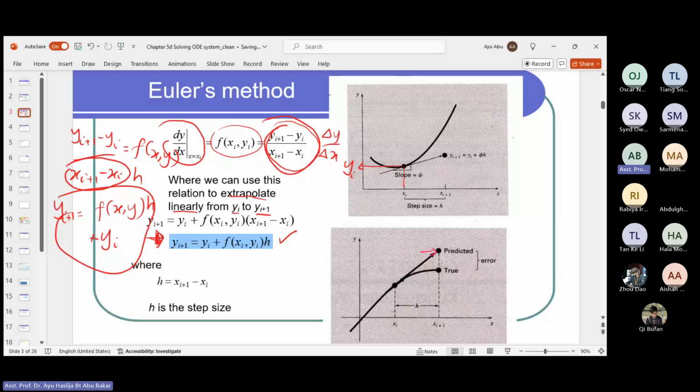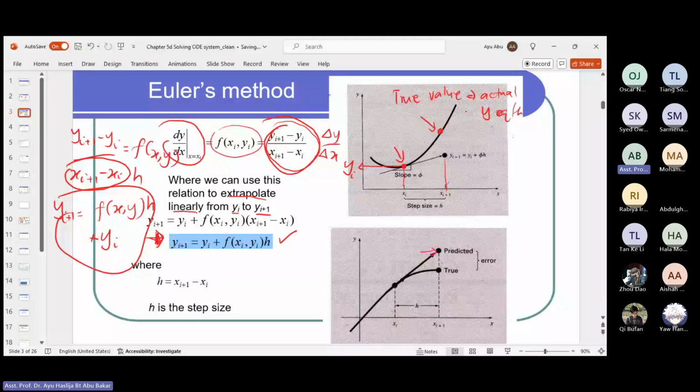For example, here we have the slope. Then at this starting point, you want to predict the new point. So you use Euler's equation to find your new point, yi plus 1, while the true value is somewhere else on the curve. For the true value, you will need to use the actual y equation, or f of x.